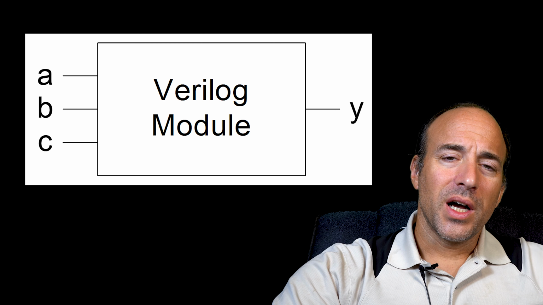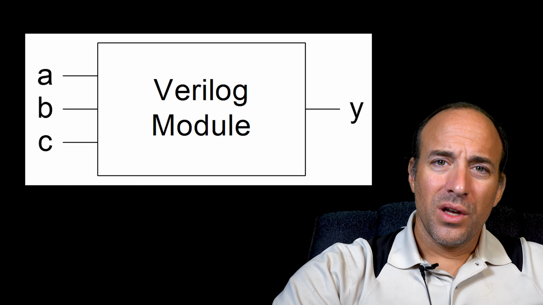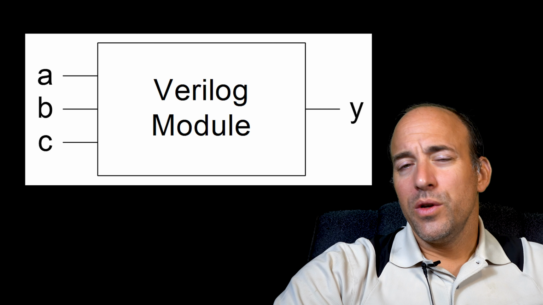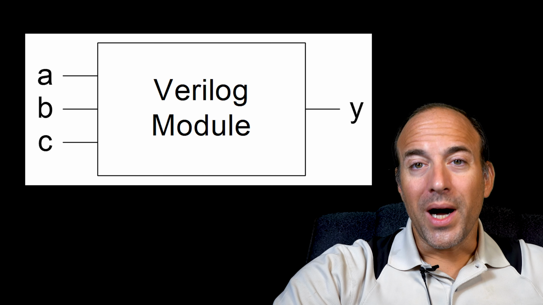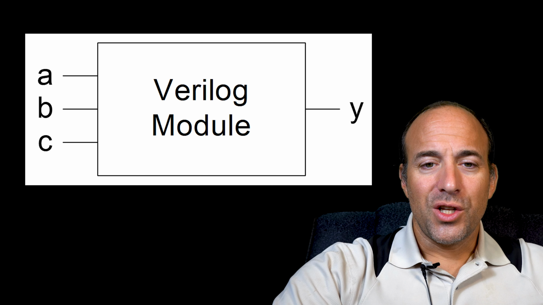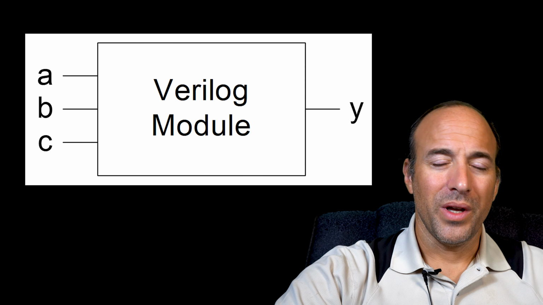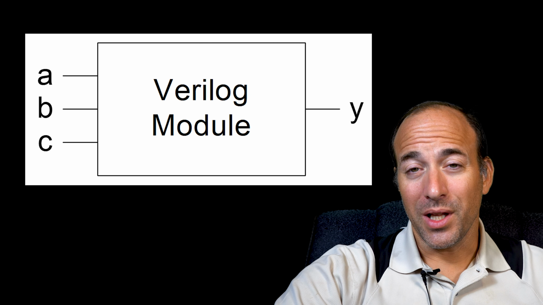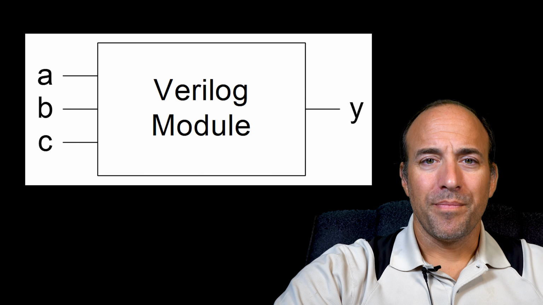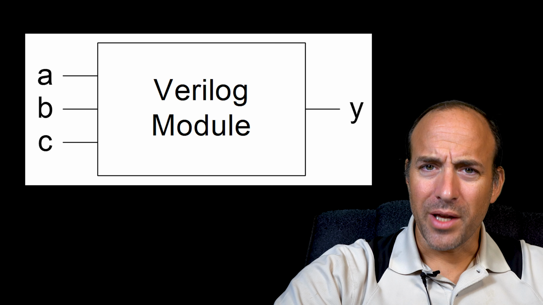In SystemVerilog, these logic elements or reusable designs are called modules. And in VHDL, they're called entities, but this is the same thing. A module, an entity, a design, a logic element, these are all the same concept.